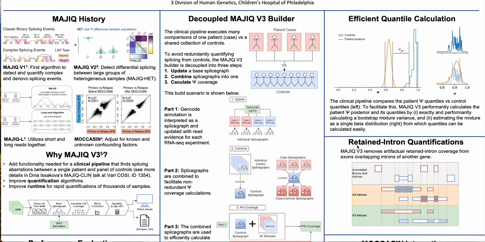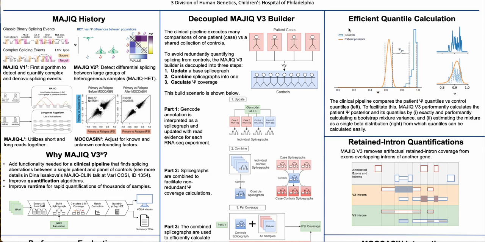Another MAJIQ V3 improvement targeting the clinical pipeline is efficient quantile calculation. Briefly, MAJIQ has always modeled percent spliced in, or psi, not as a point number, but as a beta distribution with variance depending on the strength of the RNA-seq read evidence.